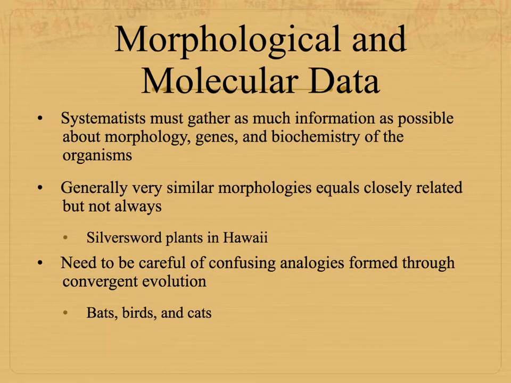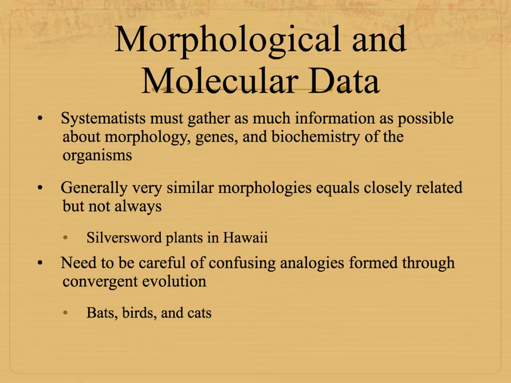The general rule is that if two organisms share similar morphology, they're probably closely related, but that isn't always the case. An example of where we can get confused, where we think the morphologies are different but they're actually closely related, is the silver sword plants in Hawaii.